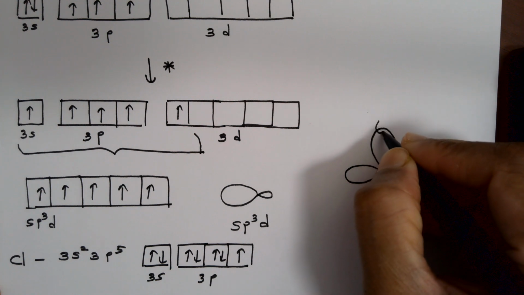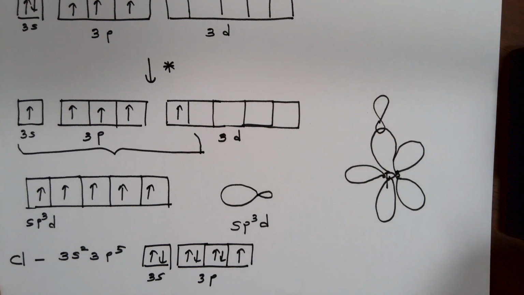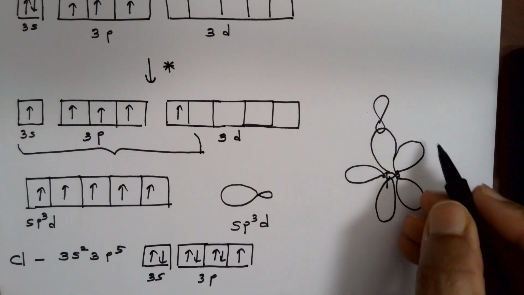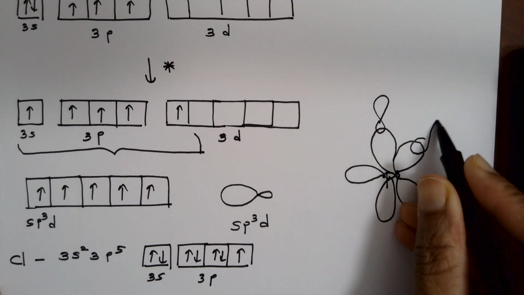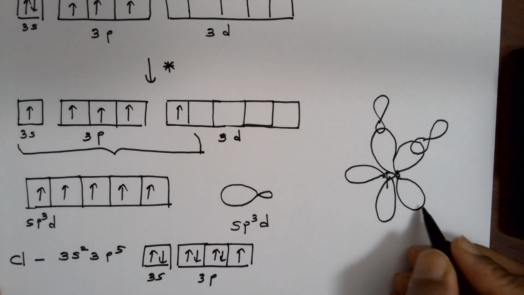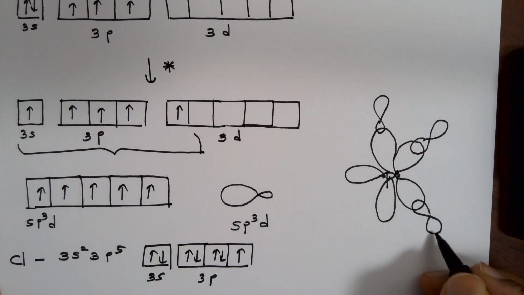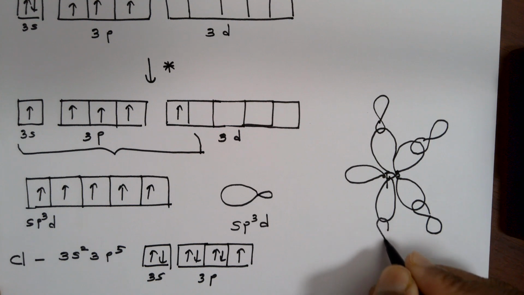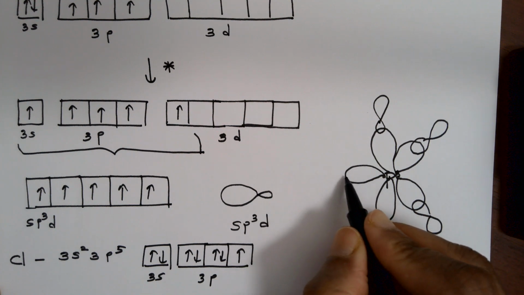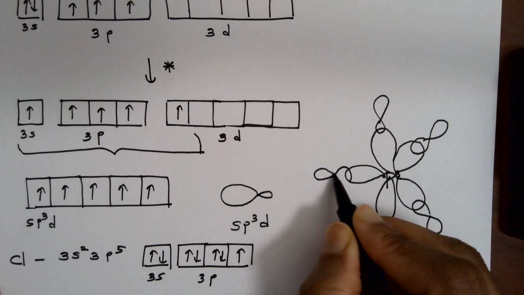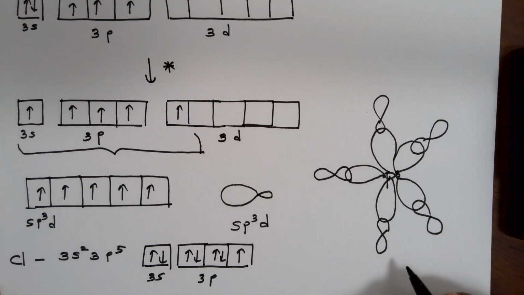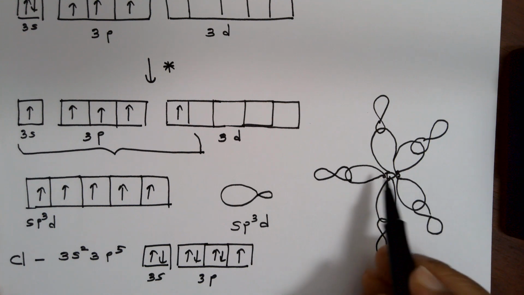So one chlorine's singly occupied 3p orbital, then another chlorine's 3p orbital, and another, and another one, and another chlorine's singly occupied 3p orbital. This is how the PCl5 trigonal bipyramidal molecule is formed.